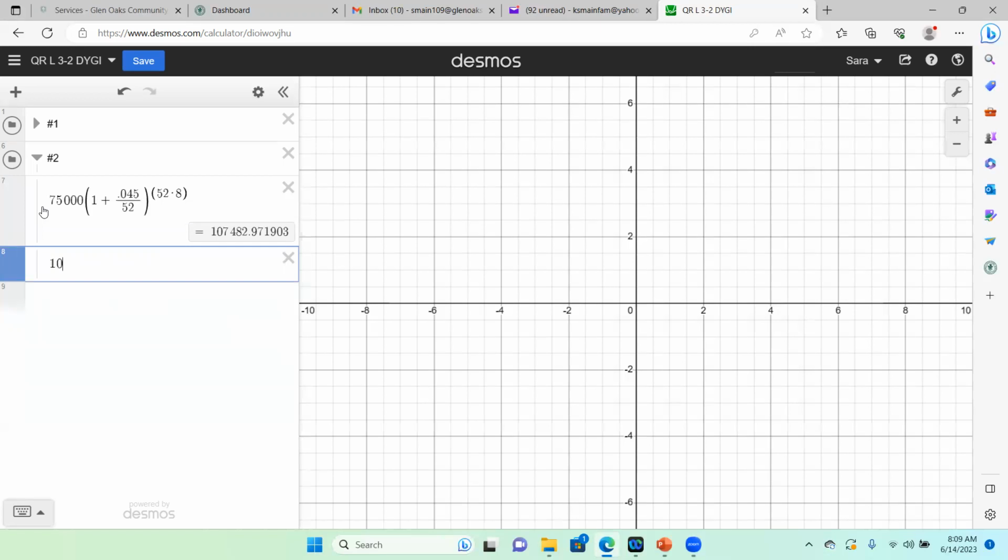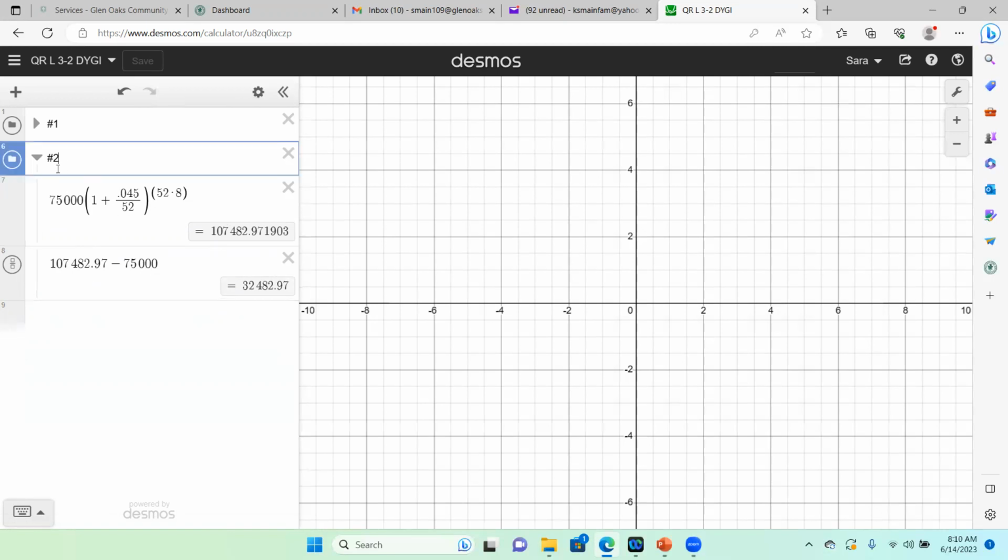So we're gonna say 107,482.97 minus the $75,000. And that shows that we have interest of $32,482.97, because we have to take our future value here and subtract the 75,000.